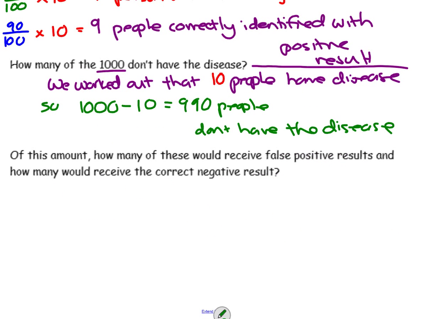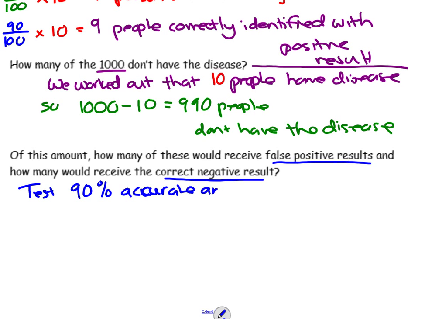Then we're asked, of this amount, what you just worked out, 990, how many of these would receive false positive results? And how many would receive correct negative results? So remember, the test is 90% accurate. So don't forget to remind yourself, the test is 90% accurate, and 10%, therefore, inaccurate.